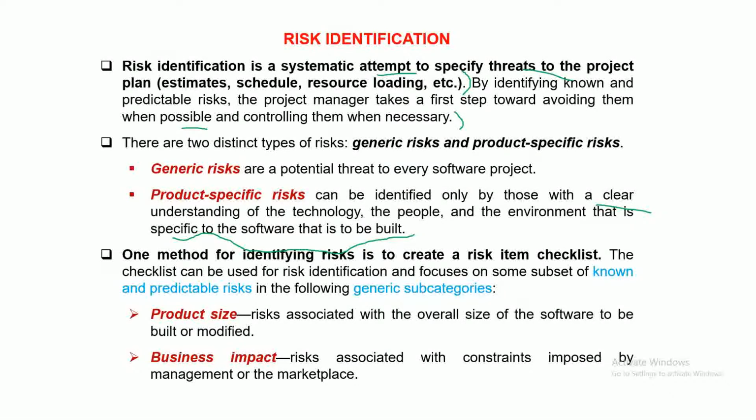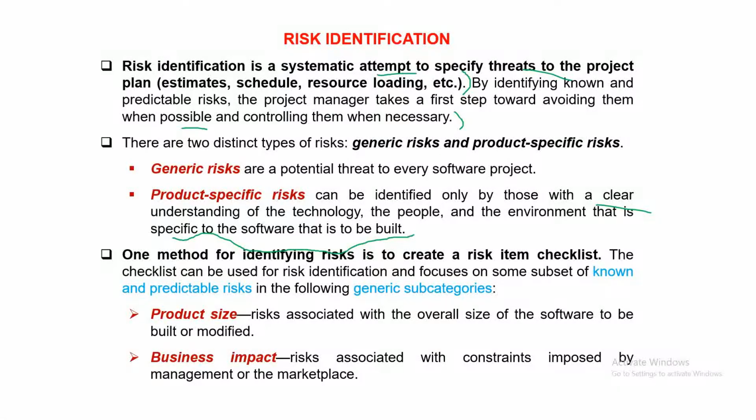But product specific risk can only be estimated by a person or a set of people who are experienced in that kind of product development activity, who have already worked upon similar products earlier, who are well aware of your development environment. Only they can predict this product specific risk.